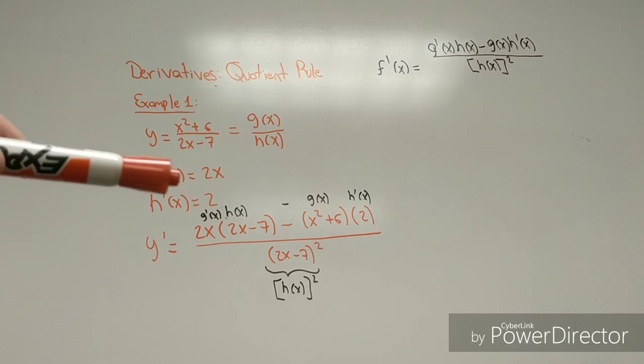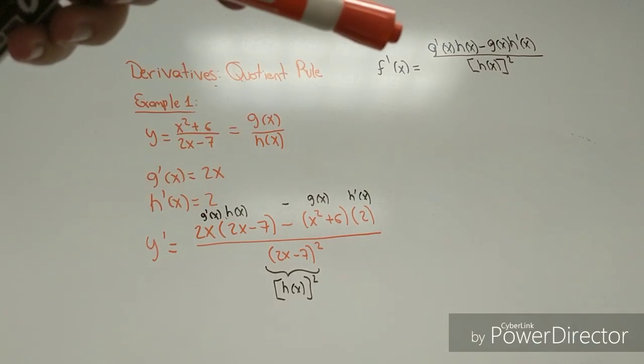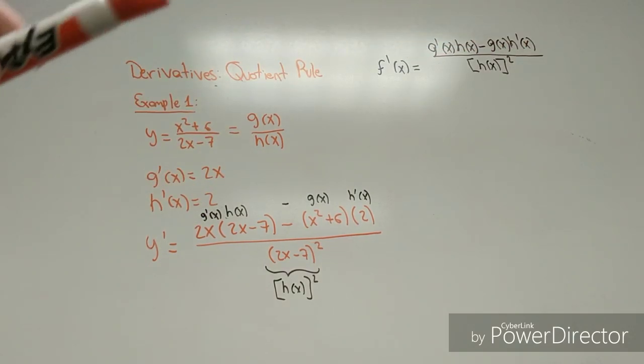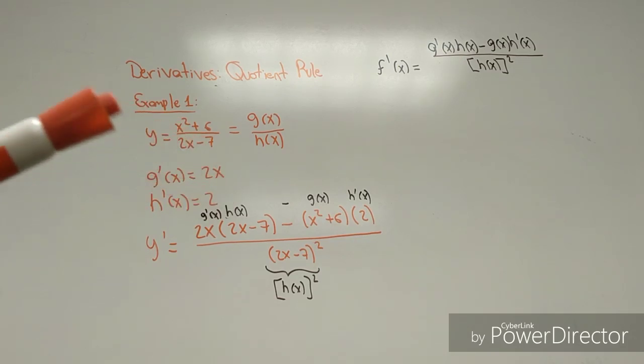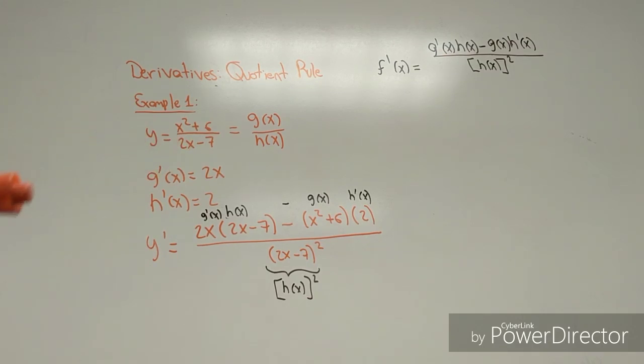So if we take a look at each piece of the formula, it's written here. The derivative of g, which is 2x, will be multiplied times h, which is here.